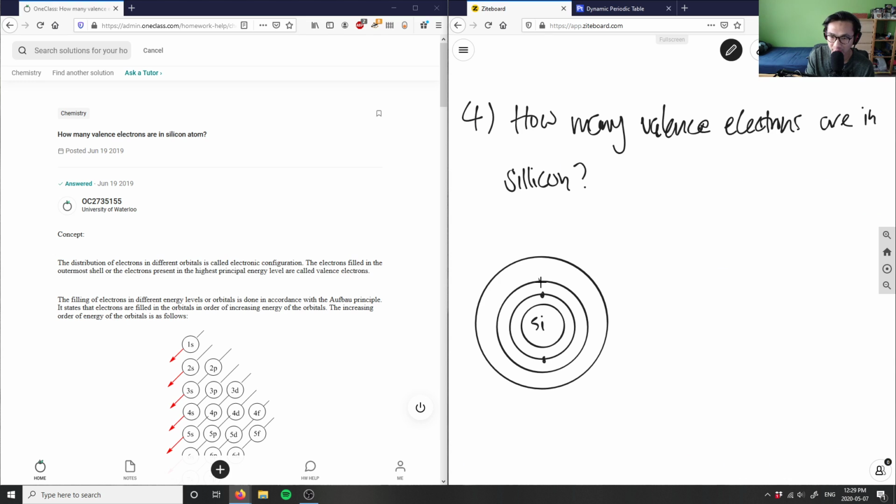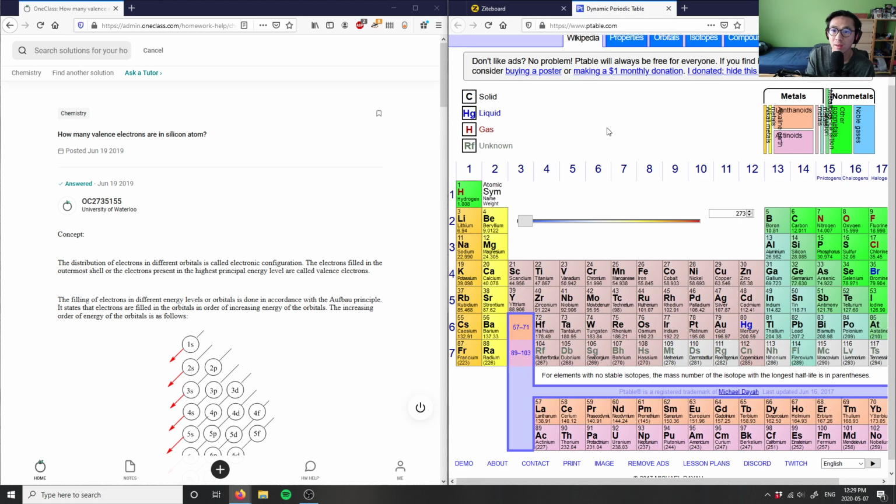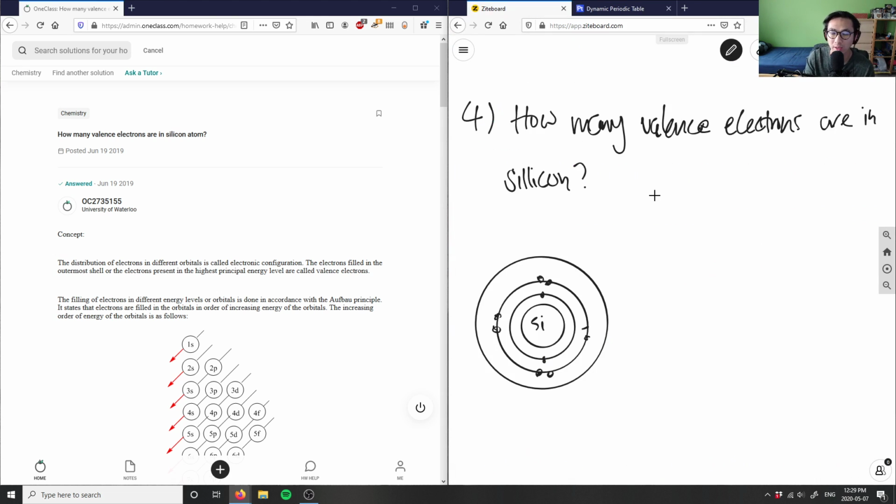So I have 8 electrons in my next shell. And then finally in my last shell here, I have 1, 2, 3, 4. I have 4 electrons here.